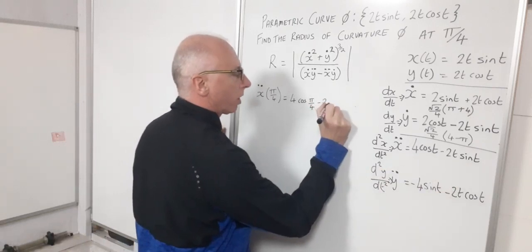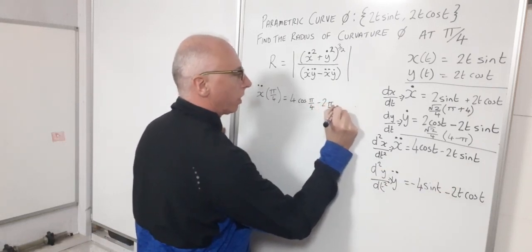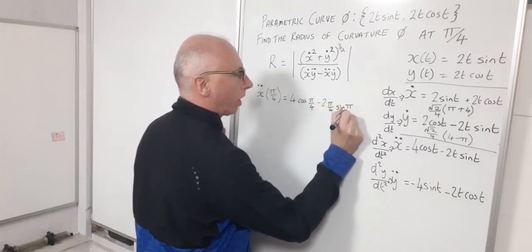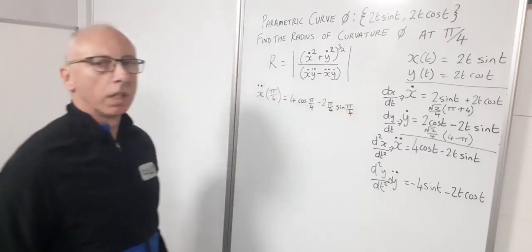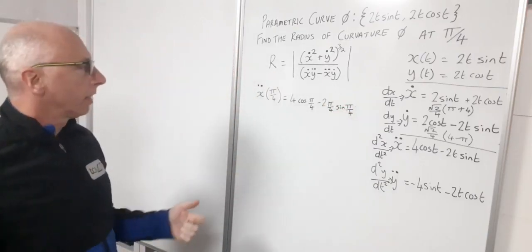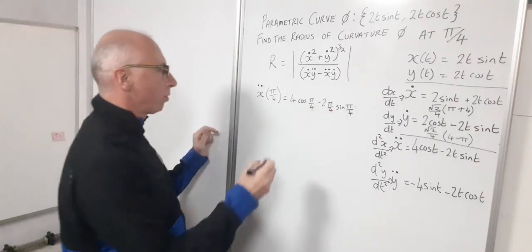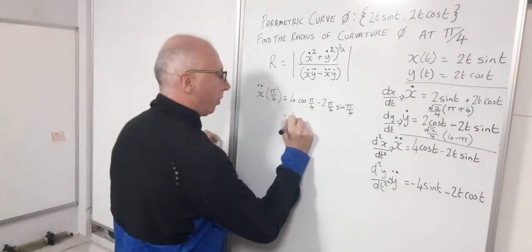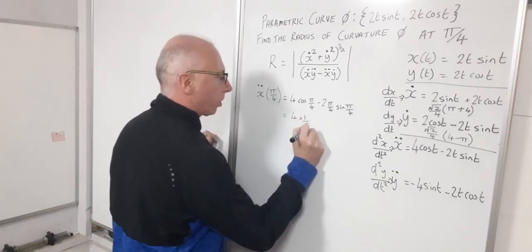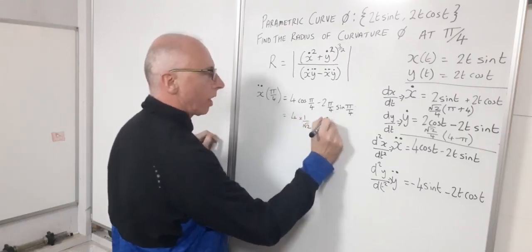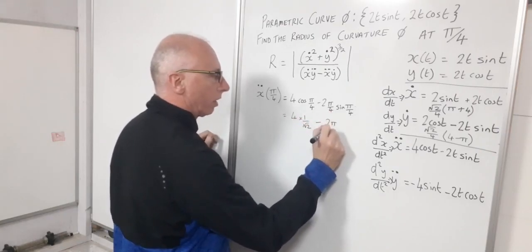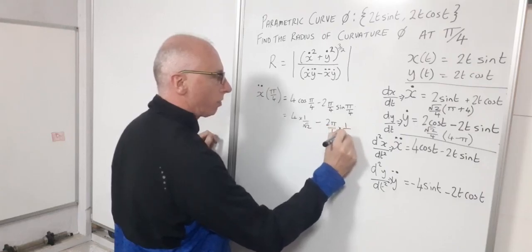Now we know cosine and sine of pi over 4 are the same, they're 1 over root 2. So now we've got 4 times 1 over root 2, minus 2 pi over 4 times 1 over root 2.